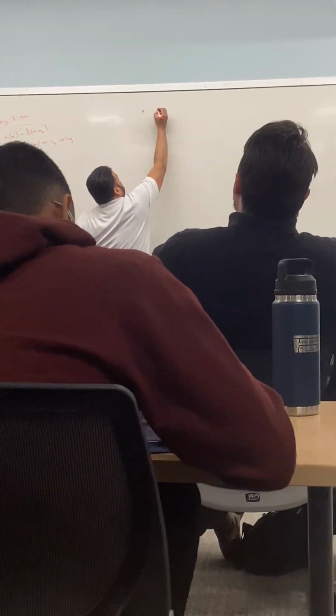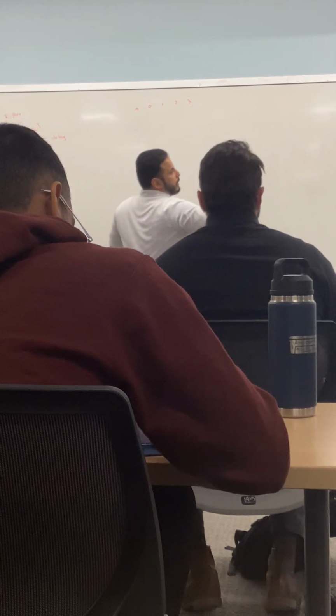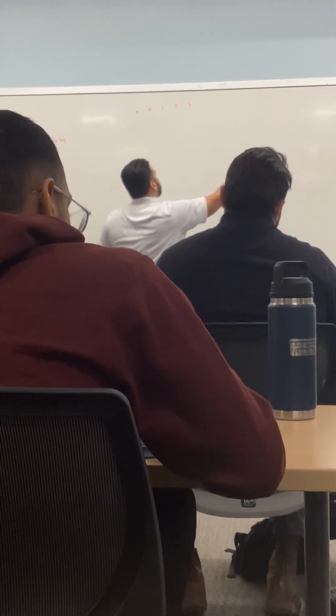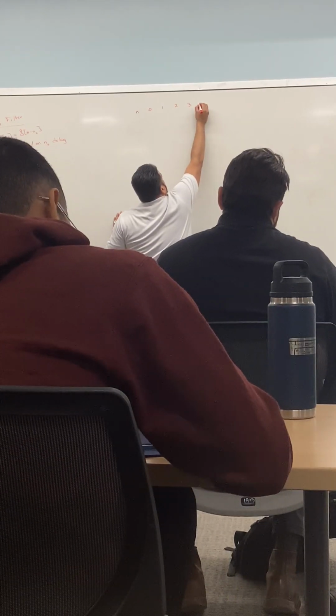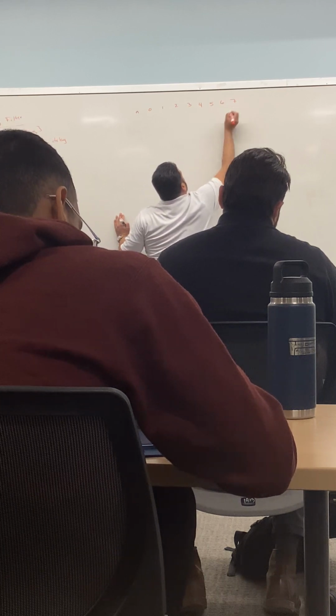You have your n values at top. You have 0, 1, 2, 3. And you know where to stop because you know how far away you shifted. So you shifted 3 that way. The length of it is 5, so I'm going to stop at 7. 4, 5, 6, 7.